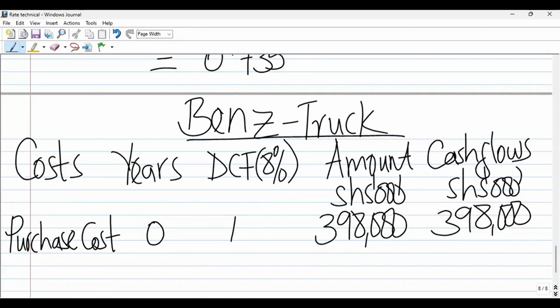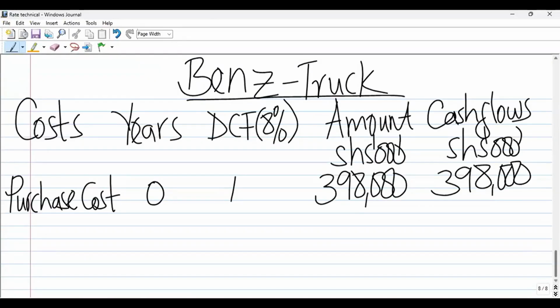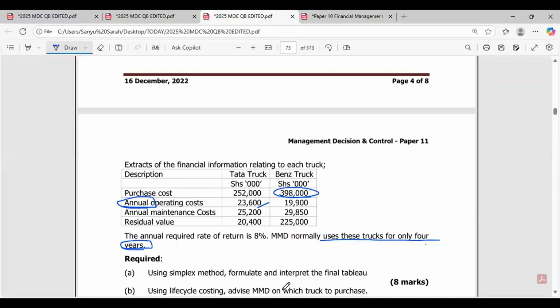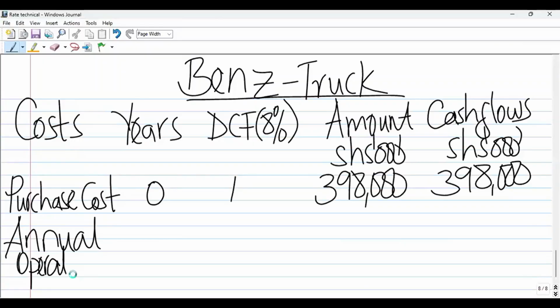So let's go to the next cost here. The next cost is annual operating costs. So it is an annual cost. That means it's going to be incurred right from year 1 to year 4.